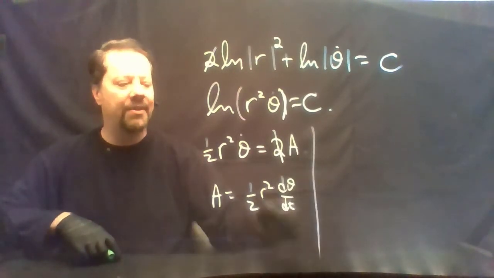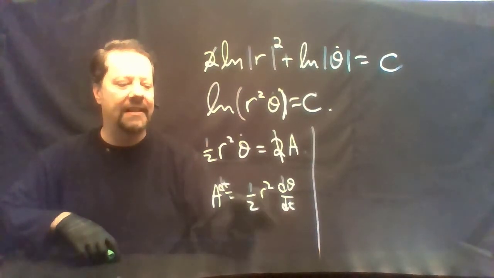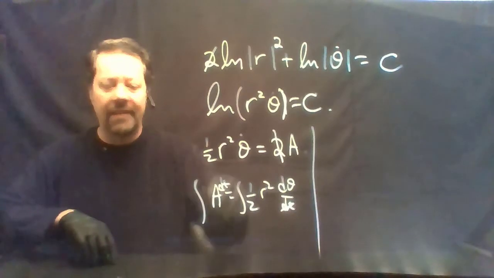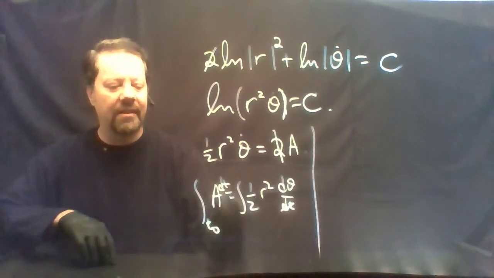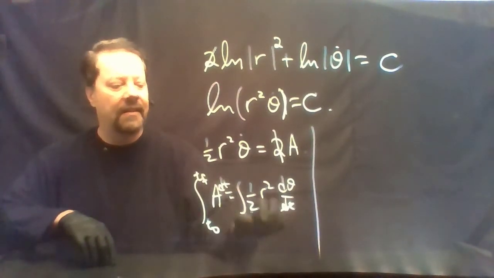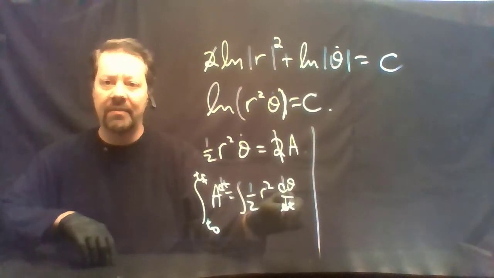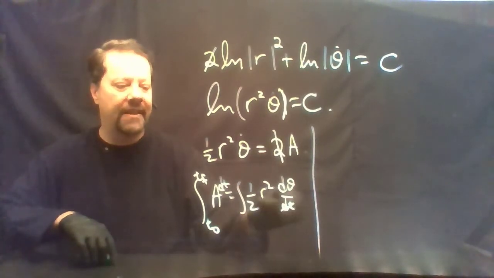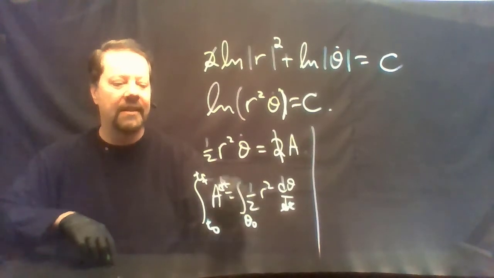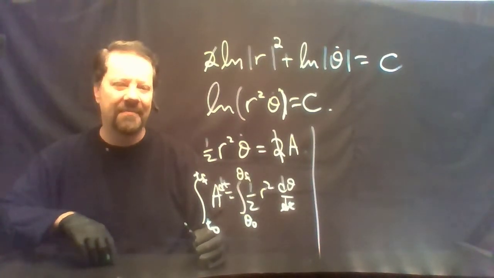We'll multiply both sides by dt, putting the dt onto the left, and then integrate both sides. On the left-hand side, we'll integrate from t naught to t final, and on the right-hand side, we'll suppose that at t naught, theta will be at some theta naught, and at t final, theta will be at some theta final.